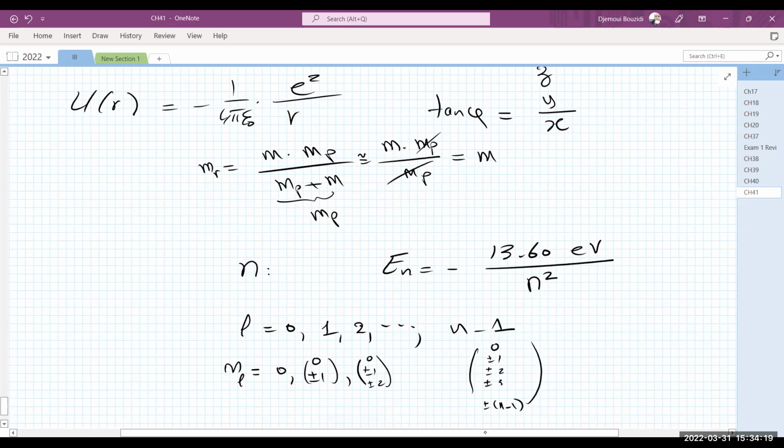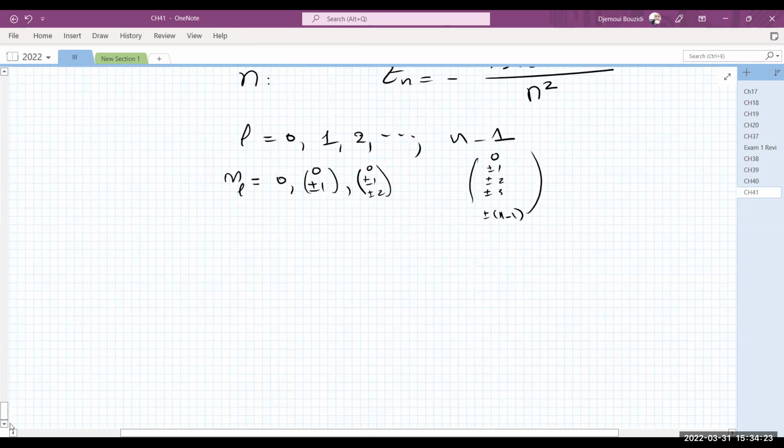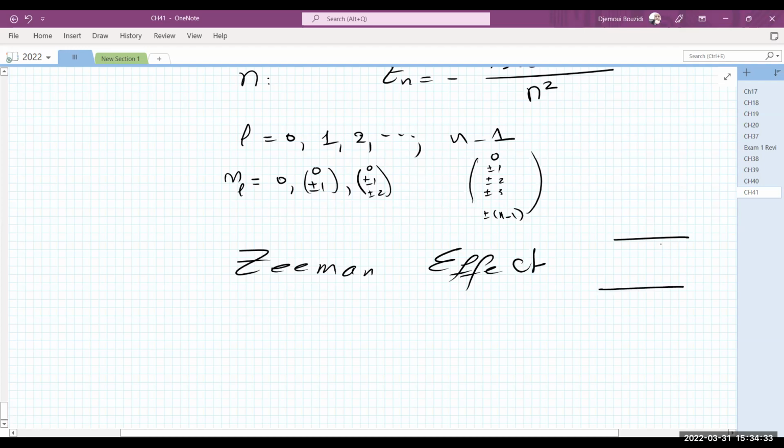Let me take you a little bit historically. The Zeeman effect was known to scientists when Mr. Bohr came up with a model of the hydrogen atom, and he was able to explain, for example, those transitions to n equals 2, because that's the easiest one to see. I'm sorry, because of the fact that those are in the visible range.